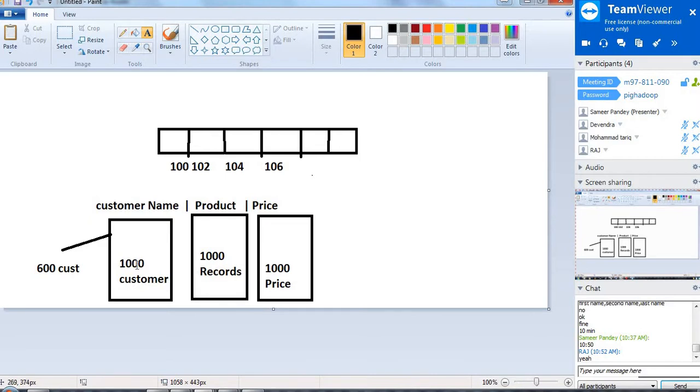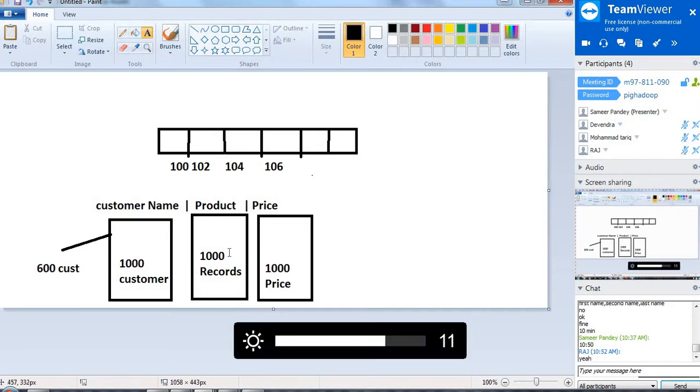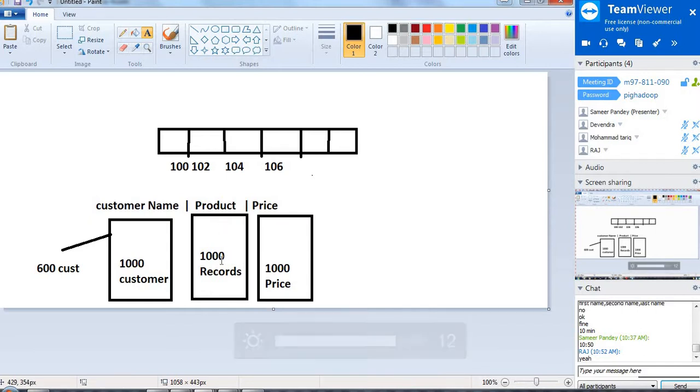Similarly, 1,000 customers are purchasing 1,000 records of products, but when I say unique products, how many unique products are there? It can be like 100 unique products only, purchased by multiple customers.